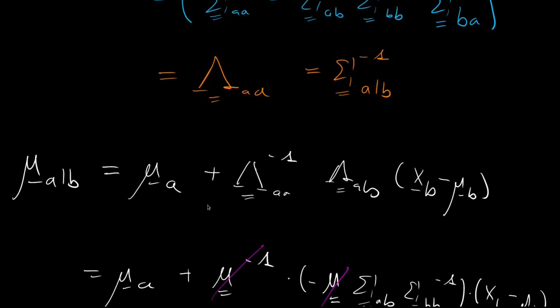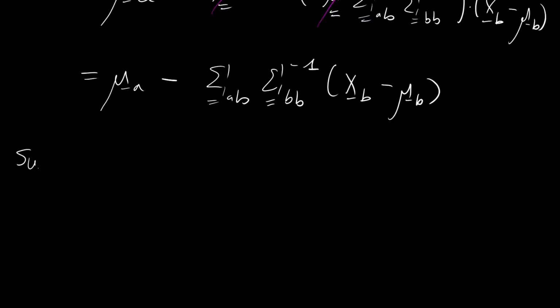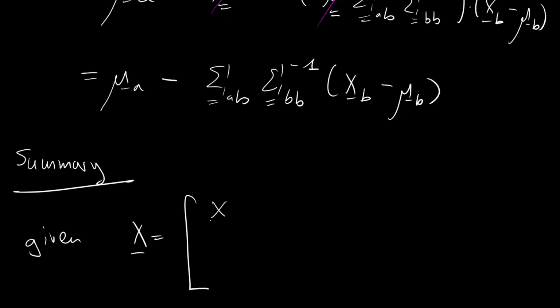Okay, that's a lot of derivations. Let us conclude with a summary. Let us recall we are given an x vector. In our case, it was 5-dimensional, and we subdivided it into a 3-dimensional and a 2-dimensional vector.